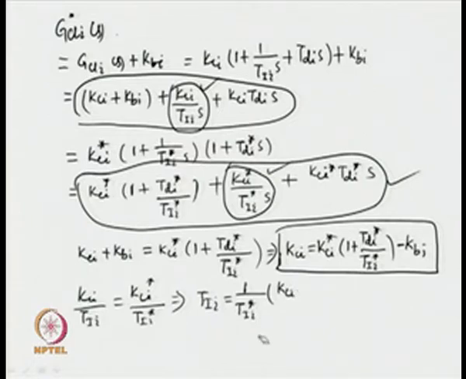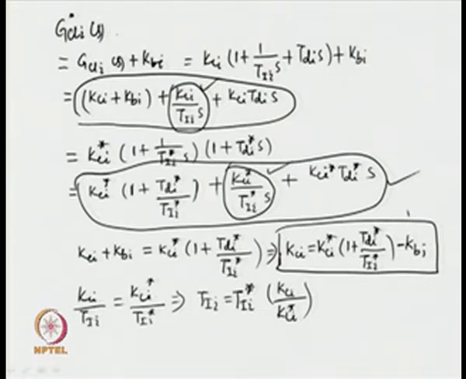No, this Tii will go to numerator. So, Tii is equal to Tii star times Kci by Kci star.